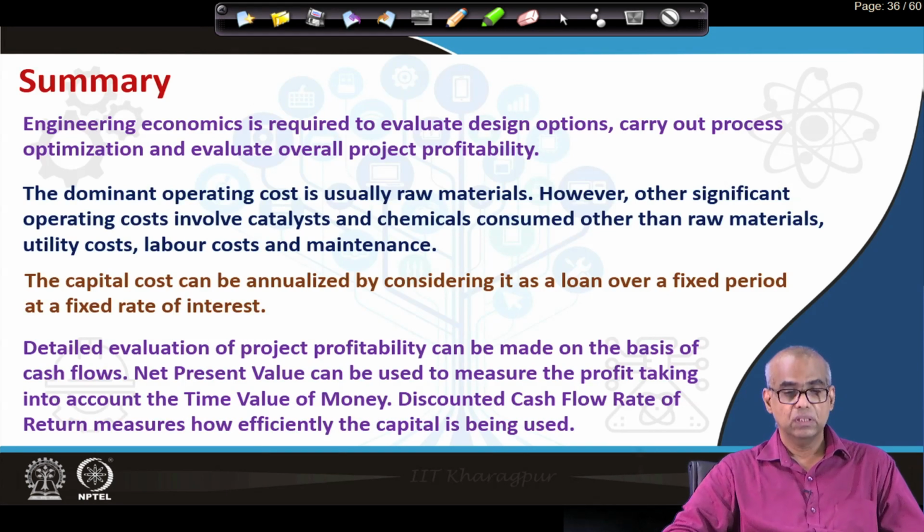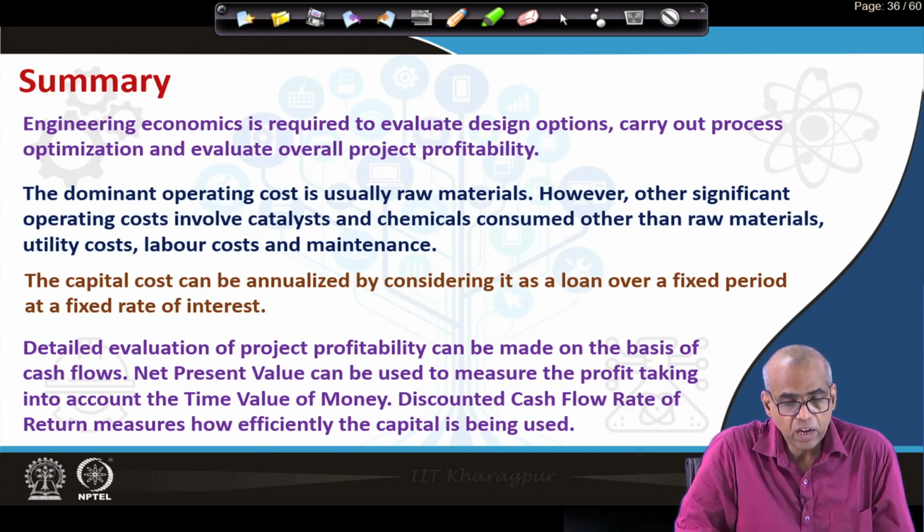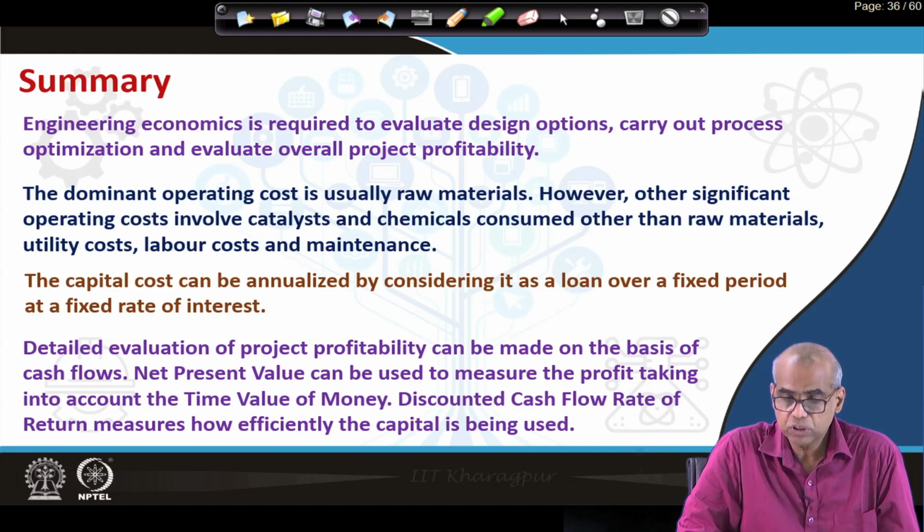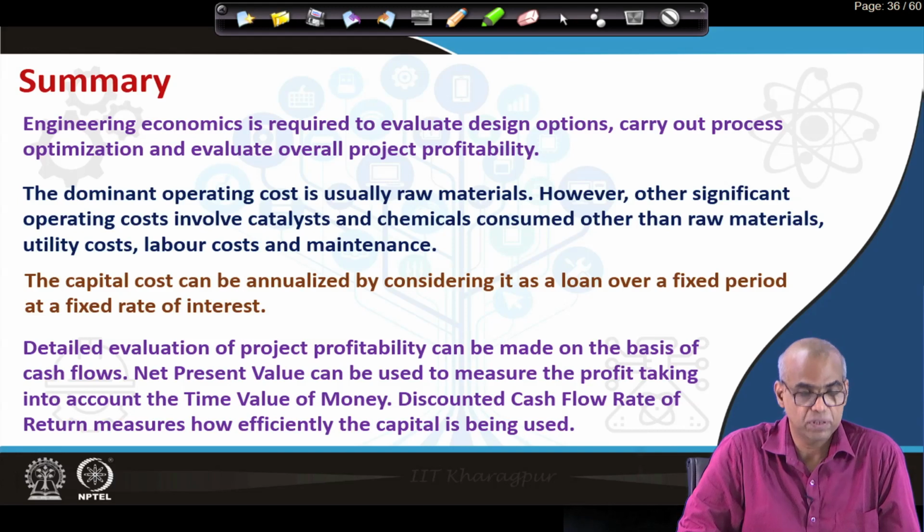To conclude, let me summarize. Engineering economics is required to evaluate design options, carry out process optimization and evaluate overall project's profitability. The dominant operating cost is usually raw materials. However, other significant operating costs involve catalysts and chemicals consumed other than raw materials, utility cost, labor cost and maintenance.